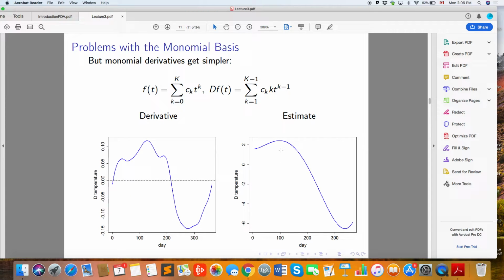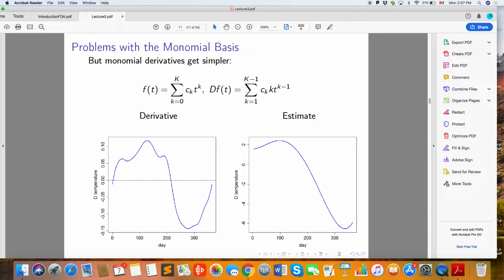So when we use a monomial basis to approximate a function f of t and take the derivative, if we use a polynomial up to degree k to approximate f of t, the derivative becomes a degree k minus 1 polynomial function, right?